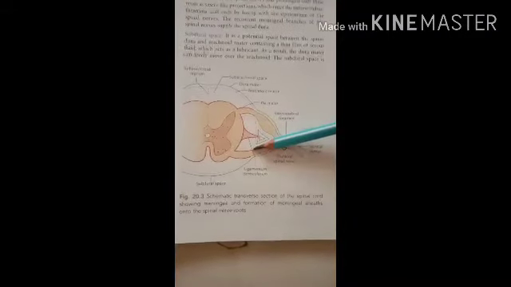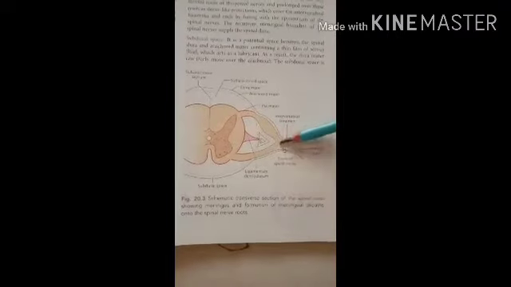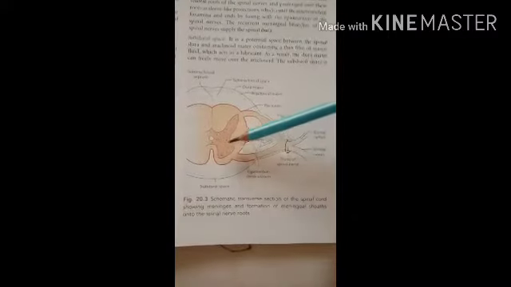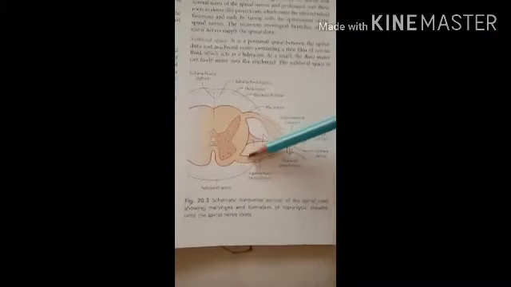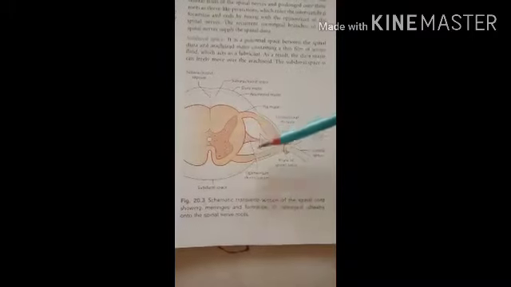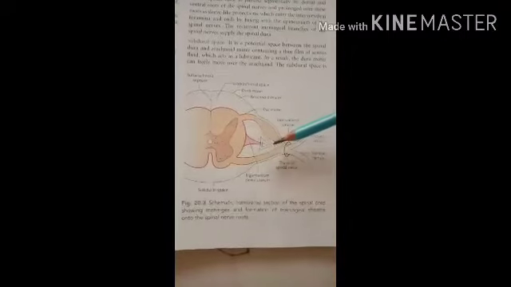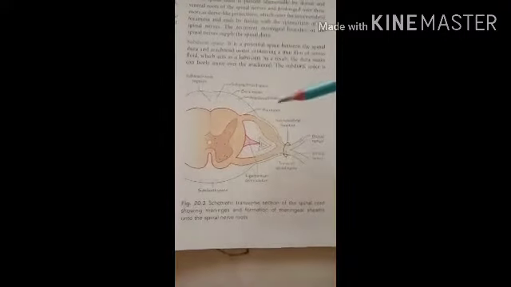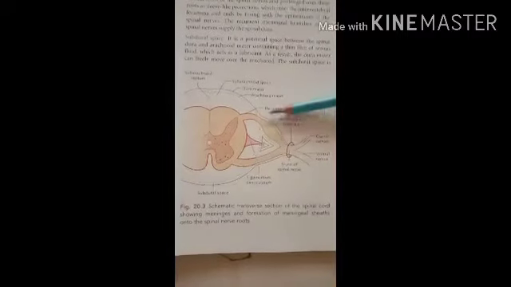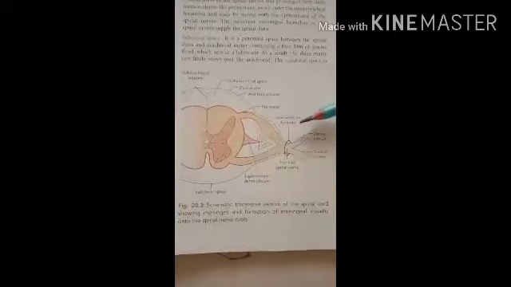The anterior nerve root consists of the motor nerve fibers, which are axons of the nerve cells in the anterior column of the gray matter. In the thoracic and lumbar region, it also has sympathetic nerve fibers, which are axons of cells in the lateral column of the gray matter. Then the posterior nerve root consists of the sensory nerve fibers.